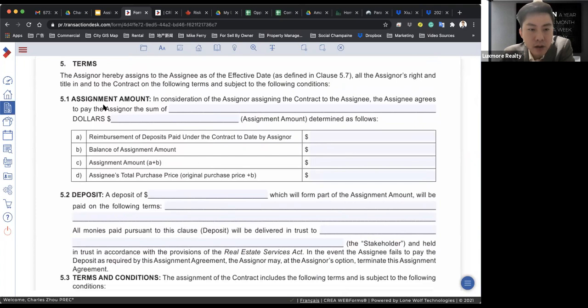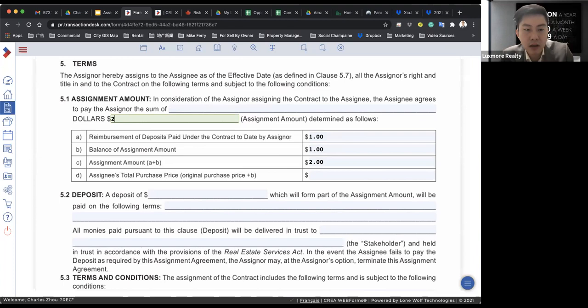And then here, it's pure math. In section A, you put whatever deposit has already been paid by the assignor. B is basically the profit, how much money you want to add on top of it. And C is A plus B, so 1 plus 1 equals 2. Over here, it's asking for the assignment amount.